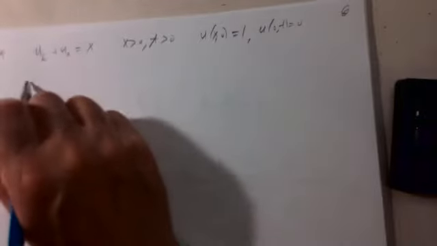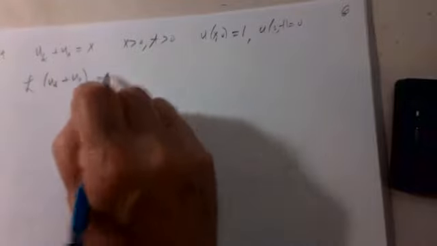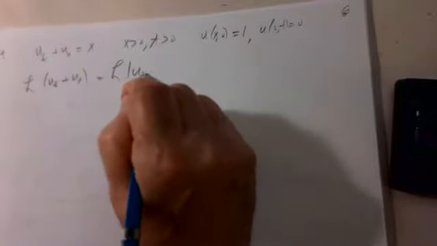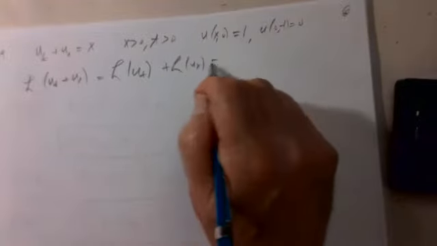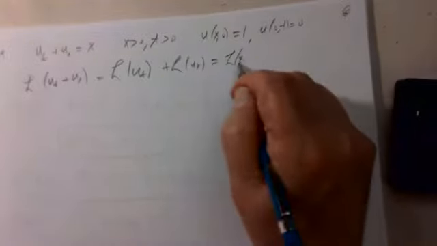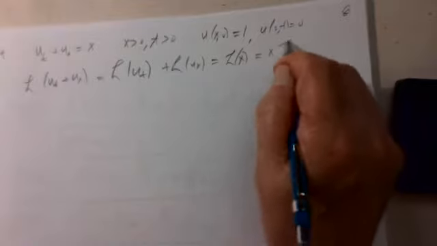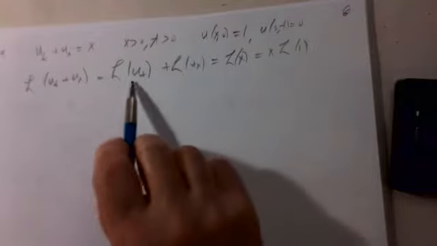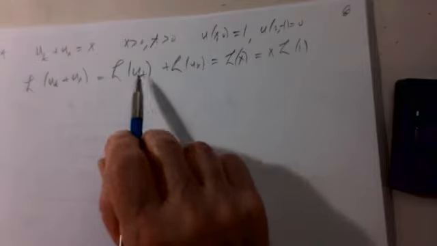So when we take our Laplace transforms, we get the Laplace transform of ut plus ux, which is the Laplace transform of ut plus the Laplace transform of ux, is the Laplace transform of x, which is x times the Laplace transform of 1, because we're integrating with respect to t. The Laplace transform of u with respect to t is what?